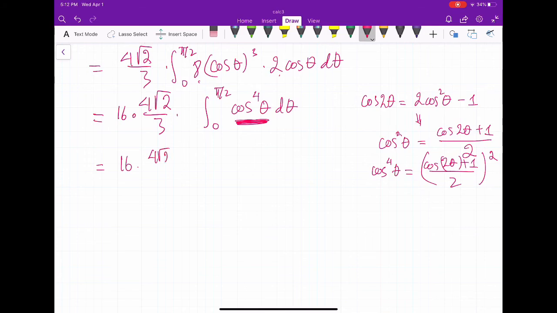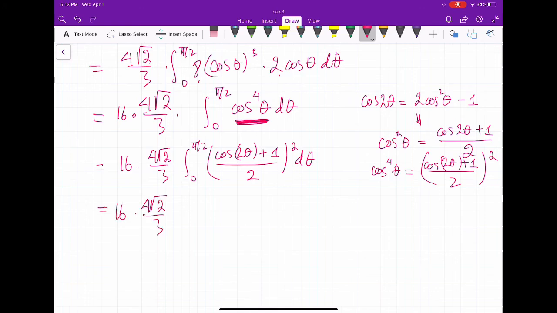You have 4 square root of 2 over 3 integral from 0 to pi over 2, and then cosine of 2 theta plus 1 over 2 squared d theta. And you have to open this square. You get 4 square root of 2 over 3 integral from 0 to pi over 2 of cosine squared of 2 theta plus 2 times cosine of 2 theta plus 1 over 4 d theta.